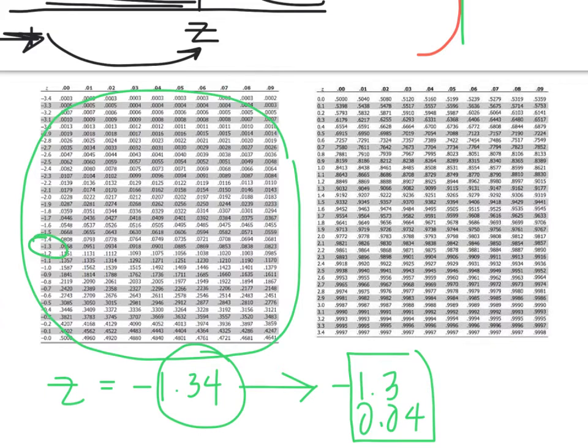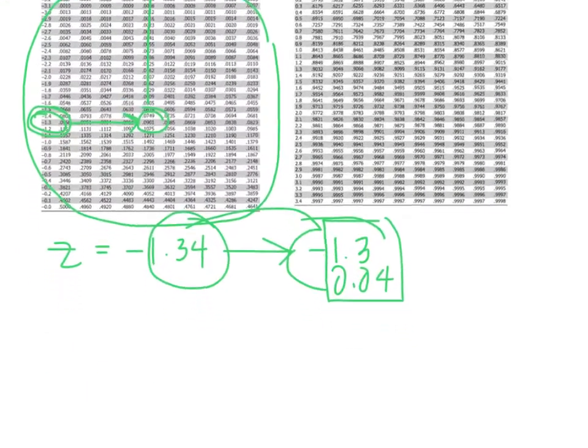Now the 0.04 of the 1.34 should be taken from the first row. Then trace down, or you can also trace to the right, and find where the two lines intersect, and that will be 0.0901. So what does that mean?